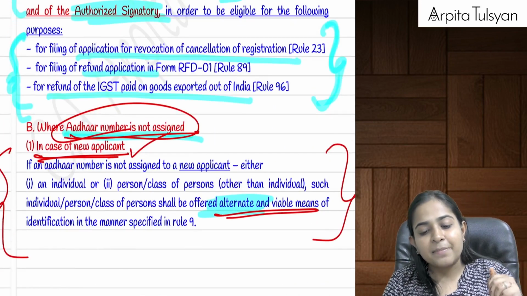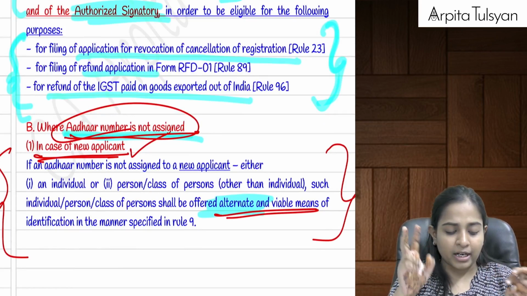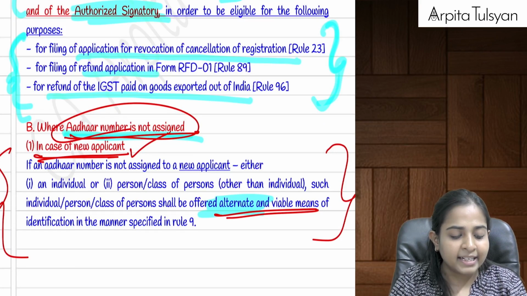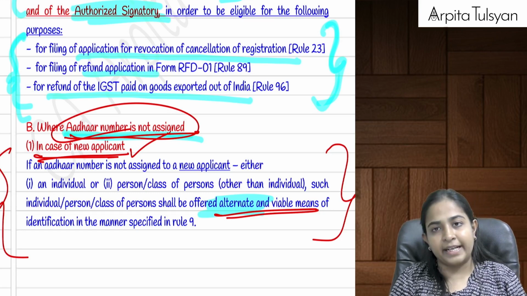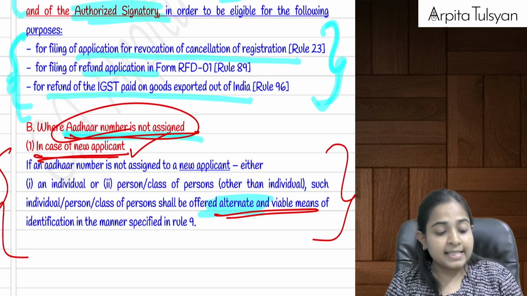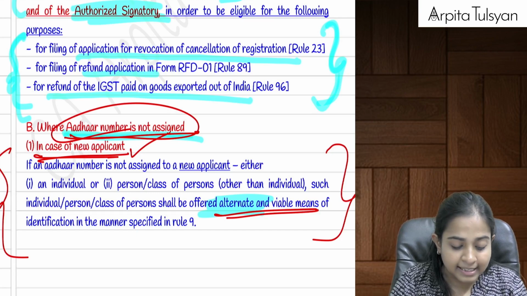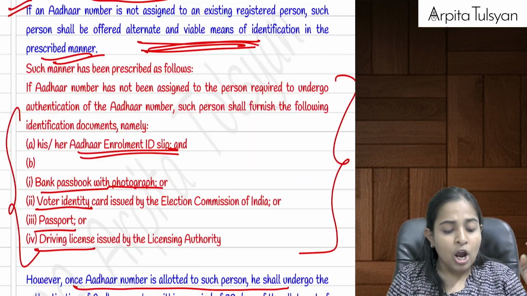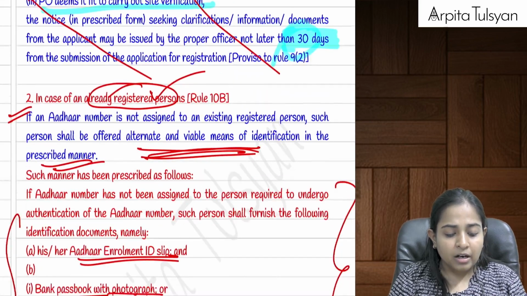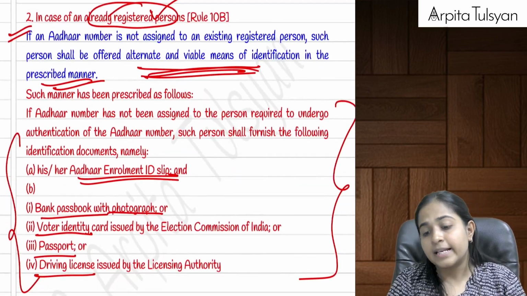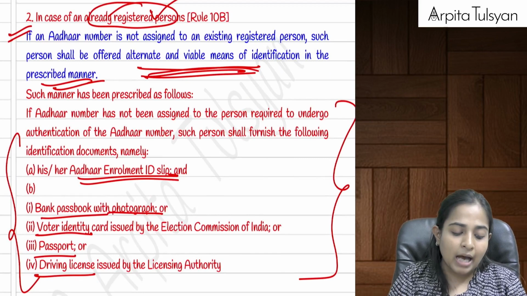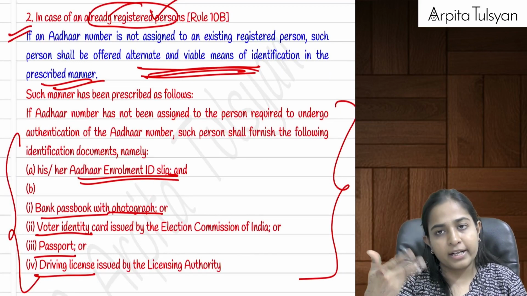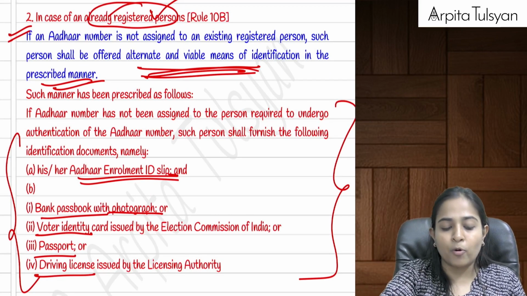Okay, then sometimes it can so happen that, both in the case of a new applicant and an existing applicant, the Aadhaar number is still not assigned to the person. On this page you will see about the new applicant; on the next page you will see about already registered persons. What if that person is not given the Aadhaar? In that case, other alternative methods of authentication will be provided.